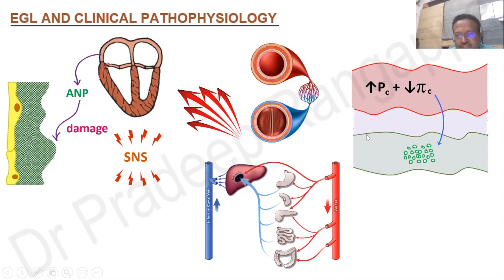In heart failure, because of these changes, there is an increase in the capillary hydrostatic pressure and a reduction in the capillary oncotic pressure. This reduction in the capillary oncotic pressure drives fluid from the vascular lumen to the interstitial space, and in the interstitial space there is an increase in the interstitial hydrostatic pressure.